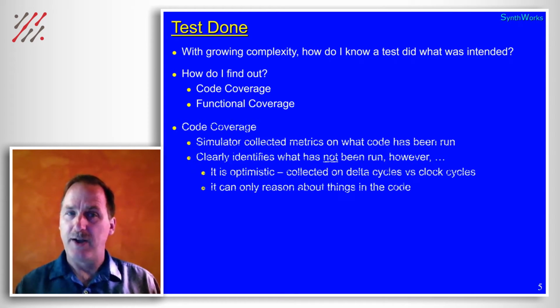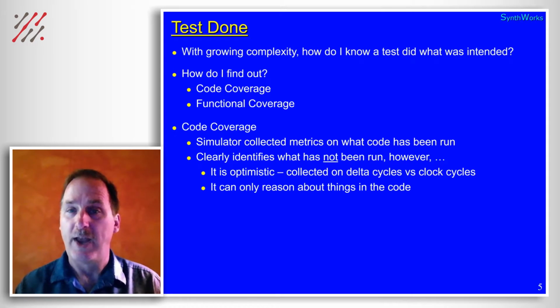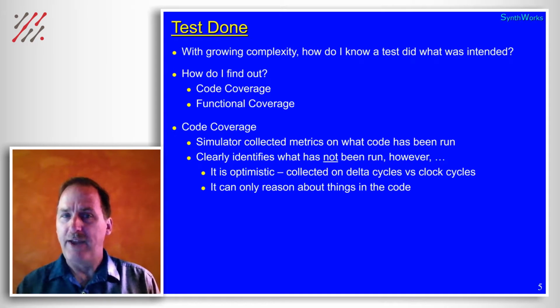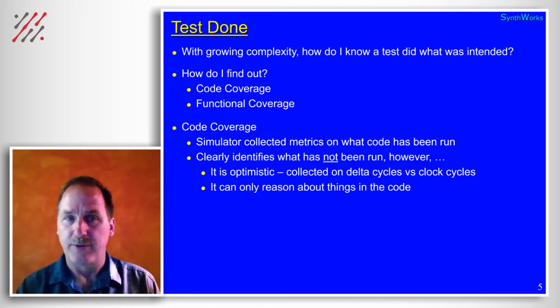First, I'm going to pick on code coverage a little bit. Code coverage is a simulator-collected metric on what has been run. But the problem is, when we have a concurrent language that runs many iterations, delta cycles, per clock cycle, we're not getting an exact measure anymore, because what we're really trying to measure is what was executed just before the clock cycle.